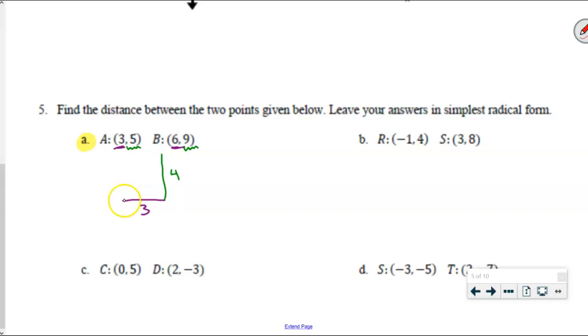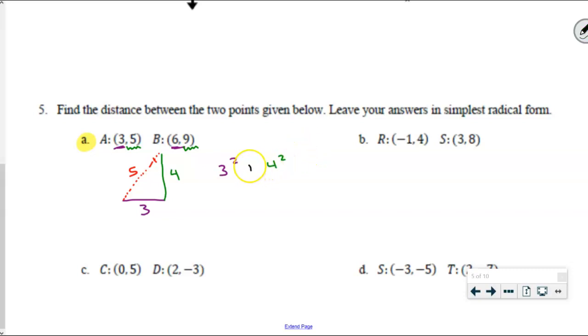So do you have to use grid paper or put it on a graph to answer these questions? No, we can just use that other strategy. Yeah, these numbers work out nicely. 3, 4, 5. I already know it's going to be 5, but let's use that Pythagorean theorem to prove it. One leg is 3, so we square it. The other leg is 4, so we square that.